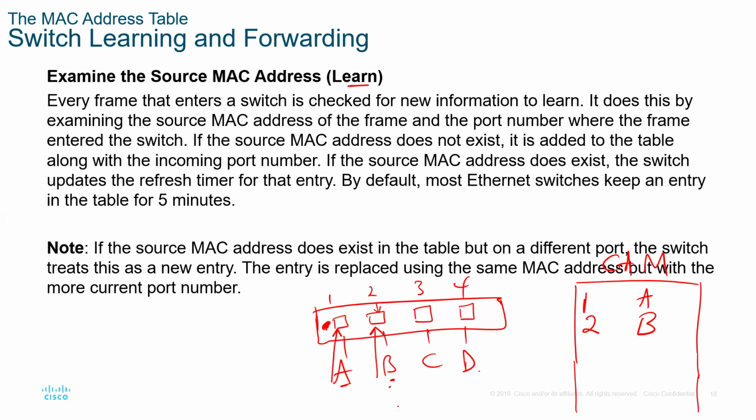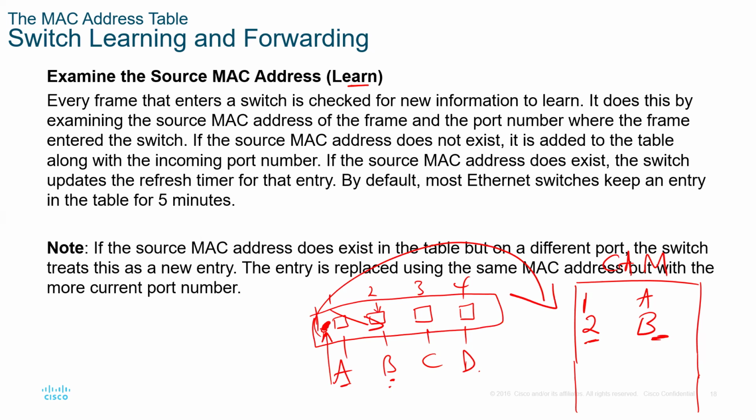The next time information is sent again from A to B, does the switch broadcast again? No. Because when the information arrives, the switch checks and finds that B is on port number 2, so it forwards directly to port number 2. And that summarizes the process of switching.